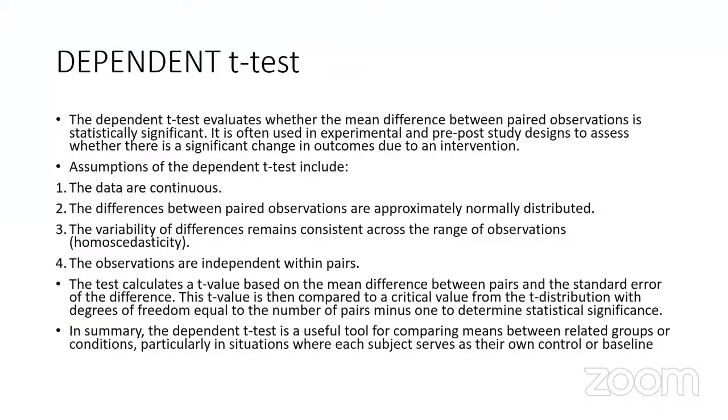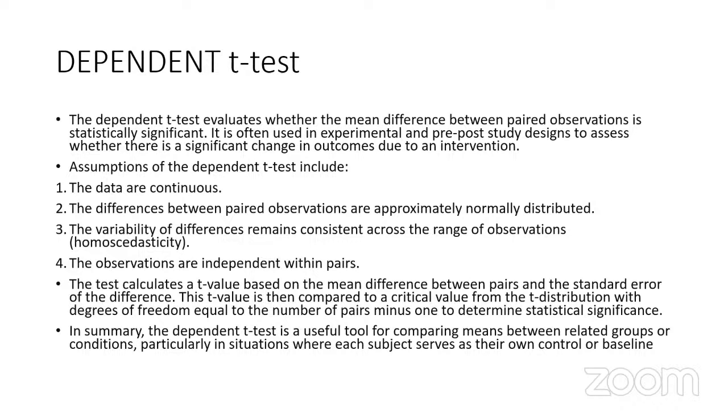Dependent t-test. The dependent t-test evaluates whether the mean difference between paired observations is statistically significant. It is often used in experimental and pre-post study designs to assess whether there is a significant change in outcomes due to an intervention. Assumptions of the dependent t-test include: first, the data are continuous.